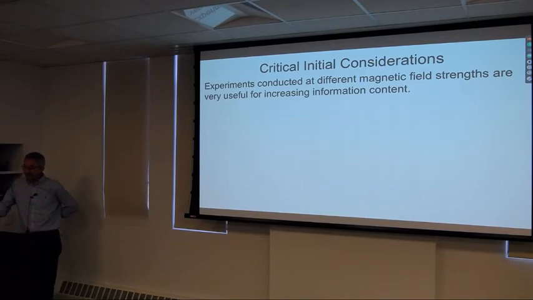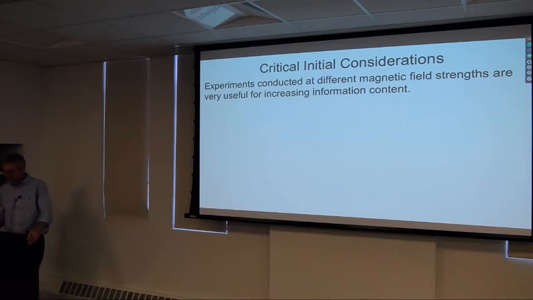And if 3 is the minimum, that means we would prefer 4 in order to have some extra degrees of freedom in the statistical analysis. So that's a lot of magnet time.